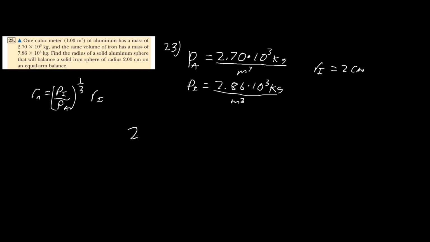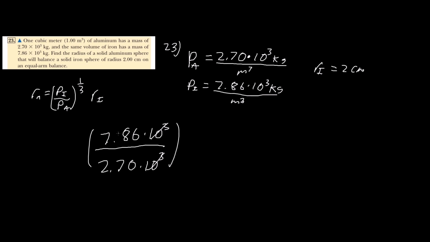So let's take 2.70 times 10 to the 3, and 7.86 times 10 to the 3. Realistically, you could just cancel these off, and since the units cancel off, we don't have to really worry about the units either. So just take this value, divide it by 2.7, raise it to the 1/3, multiply it by 2 centimeters.